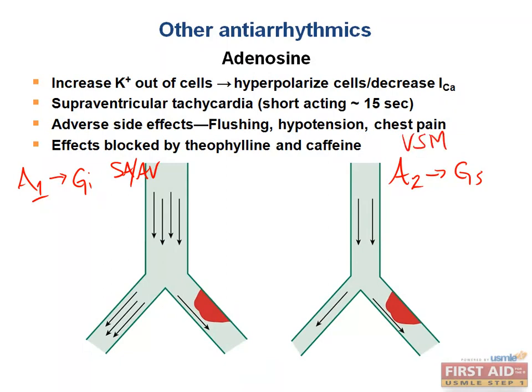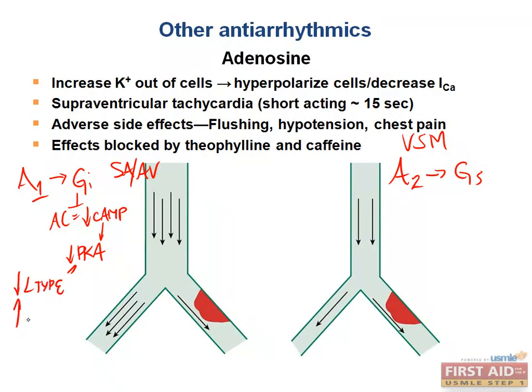So when adenosine binds to A1 receptors in the SA and AV node, it activates the inhibitory Gi protein, which we know inhibits adenylyl cyclase, which means we will be producing less cyclic AMP, and without cyclic AMP, there will be less activity of protein kinase A. And we know that protein kinase A is needed to help open some L-type calcium channels, and it is needed to phosphorylate phospholamban.